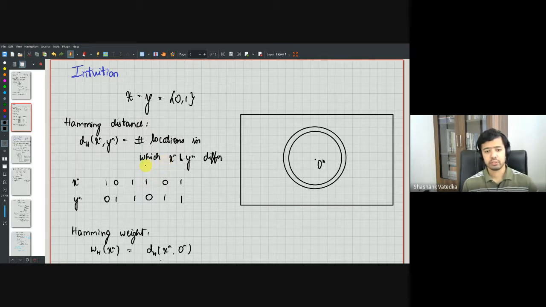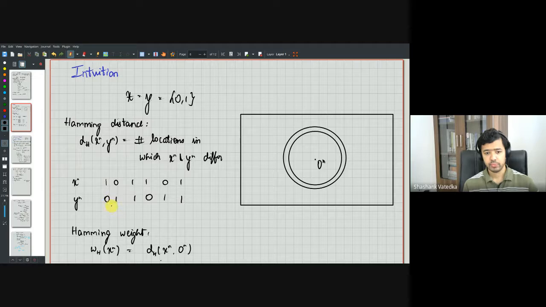Let's take an example. Let's say that x^n is the sequence 1 0 1 1 0 1, and y^n is the sequence 0 1 1 0 1 1. How many locations are there where these two sequences differ?